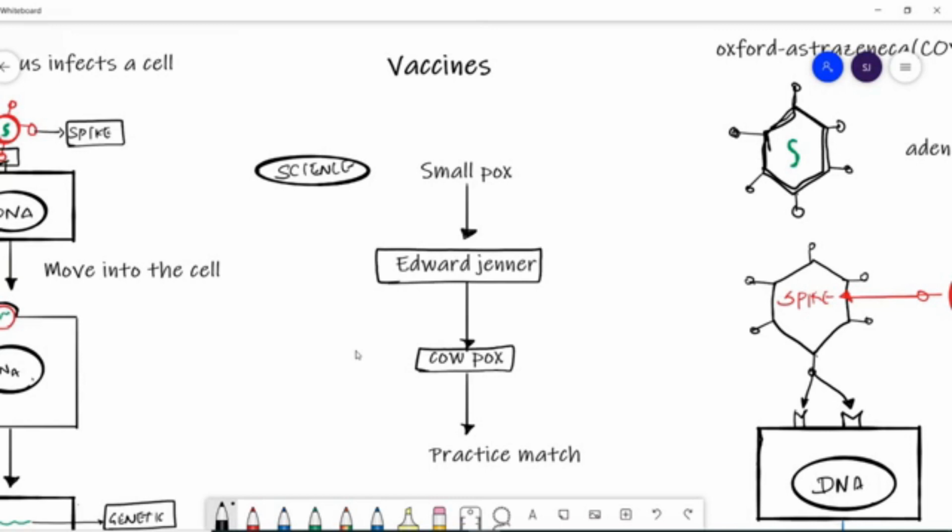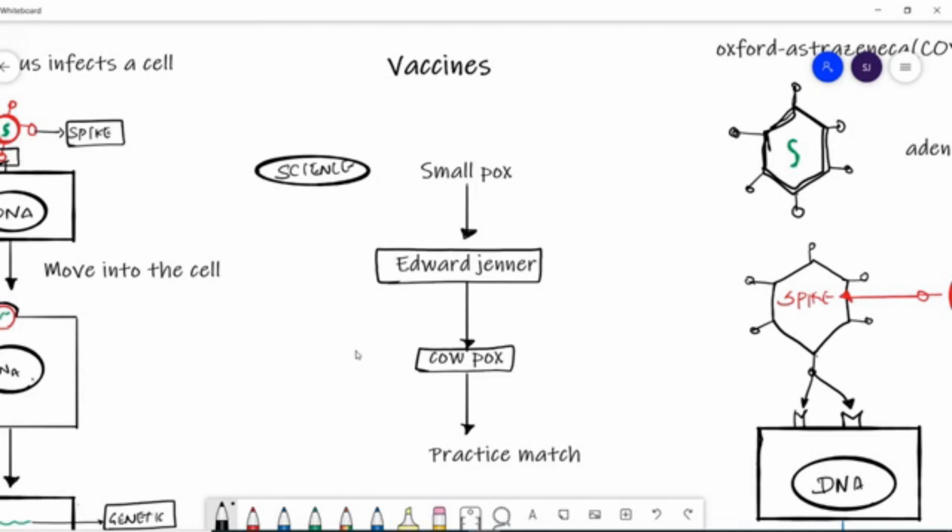These people had been affected even earlier by a lighter version of smallpox, which was called cowpox. This cowpox was not that detrimental. It was relatively manageable compared to the smallpox which was affecting adults.